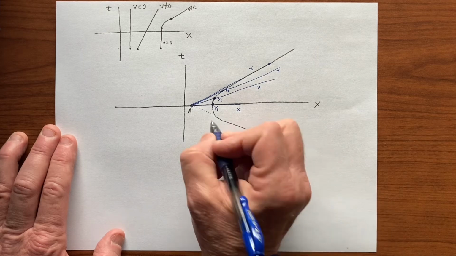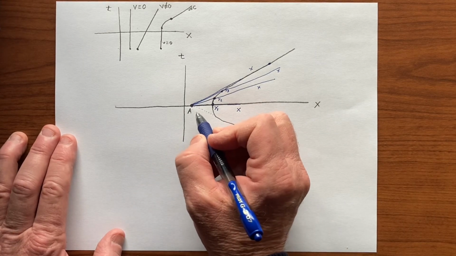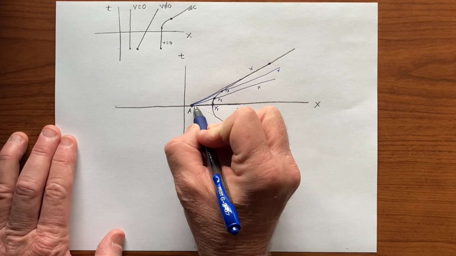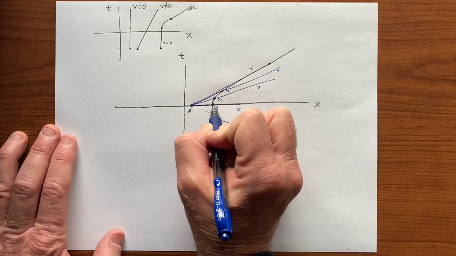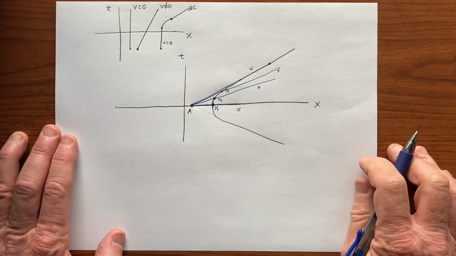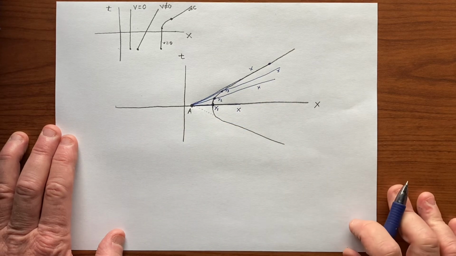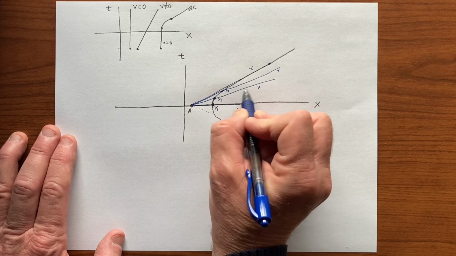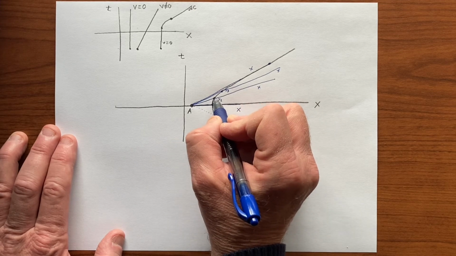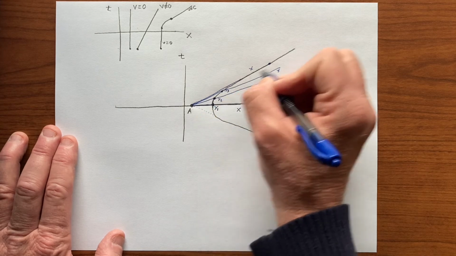Okay, so these are your spatial axes, and the thing to notice, interestingly, which we'll use later on, is that event A is simultaneous with event Y1. Right, this is a slice of simultaneity. The spatial axis represents a slice of simultaneity. The same is true here, right? So A is simultaneous with Y2 and Y3 and so on.